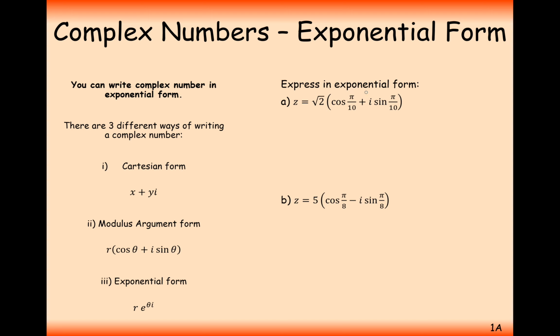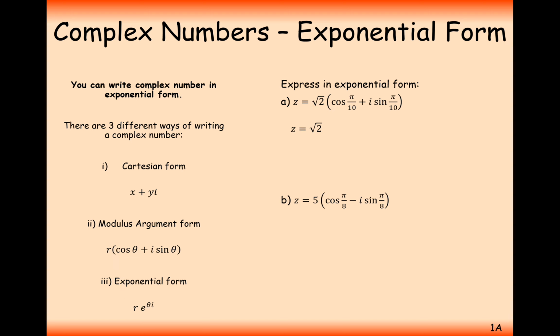So let's have a go at these two questions then. Express in exponential form this complex number here. At the moment it's in modulus argument form, and we need to convert it into exponential form. The first thing we do is we spot that r is a letter in common between the modulus argument form and the exponential form, so the square root of 2 will be the first thing in the exponential form.